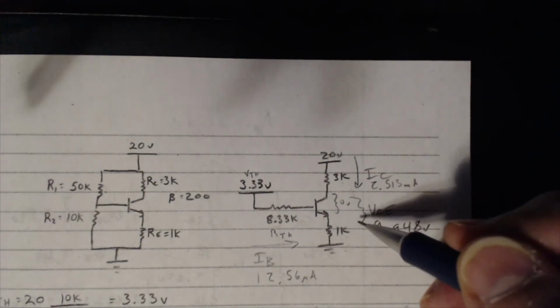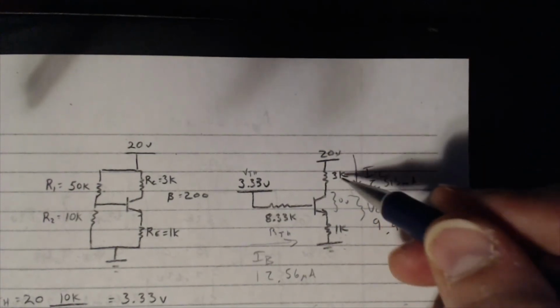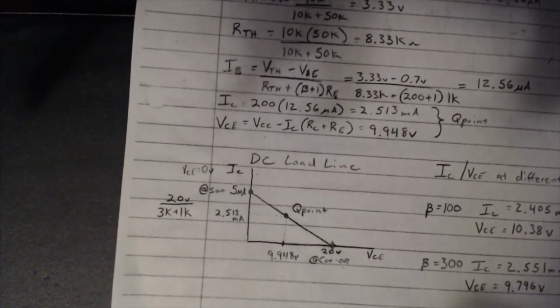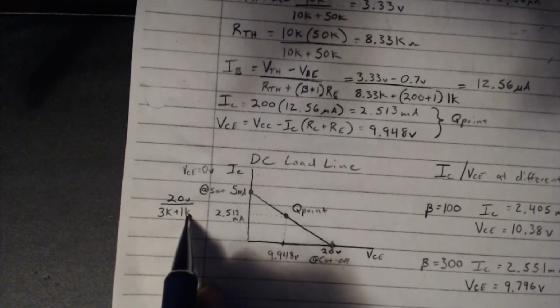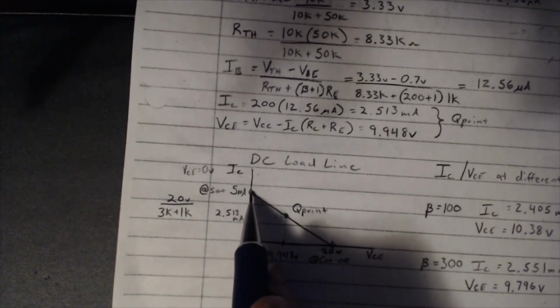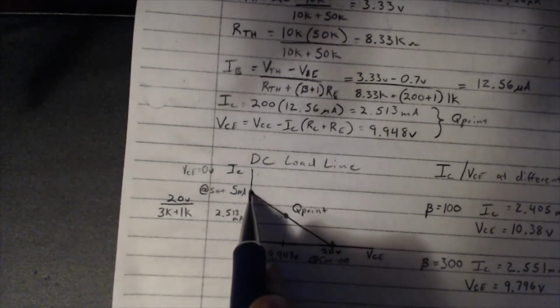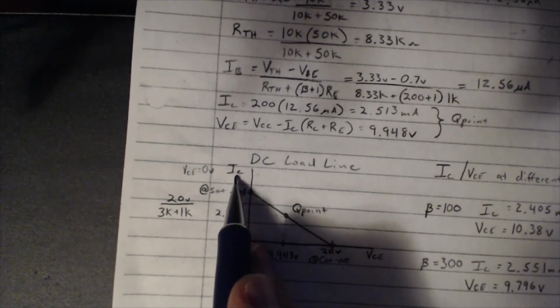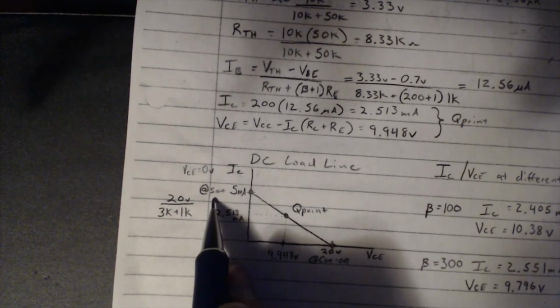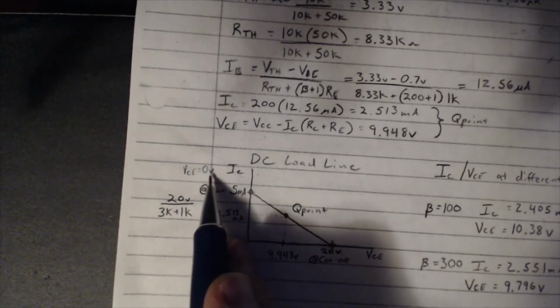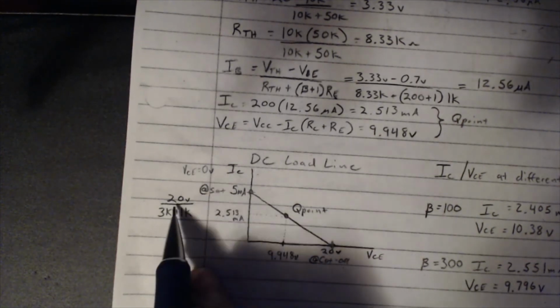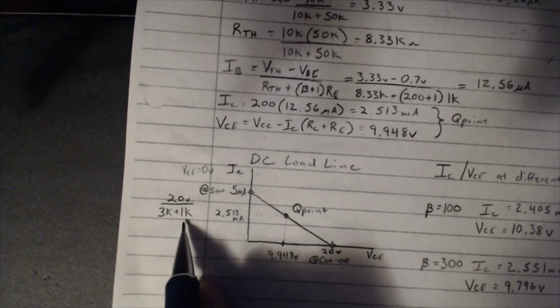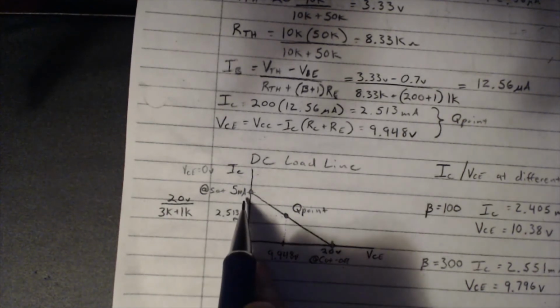IC is equal to 20 volts divided by 4K. Well, it's exactly what we did here, okay? So we go ahead and figure out what this y-intercept is over here. Our collector current at saturation, assuming 0 volts between VCE, gives us 20 volts divided by 4K, which is 5 milliamps, okay?